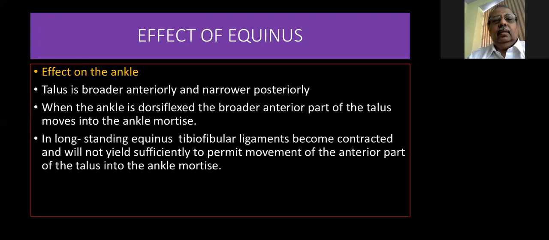In an equinus deformity, it is the narrow posterior part that is articulating there. This leads to reduced space in the ankle mortise, or the ligaments become contracted. And when you are trying to correct it, you will not be able to correct it because of the narrowed ankle mortise. So if you keep the ankle immobilized in equinus, you will not be able to correct the deformity after some time because the ankle mortise becomes narrower.